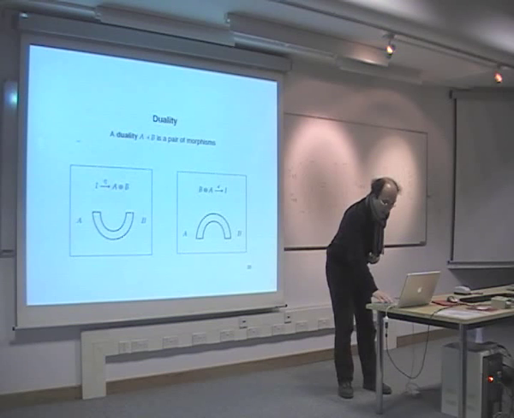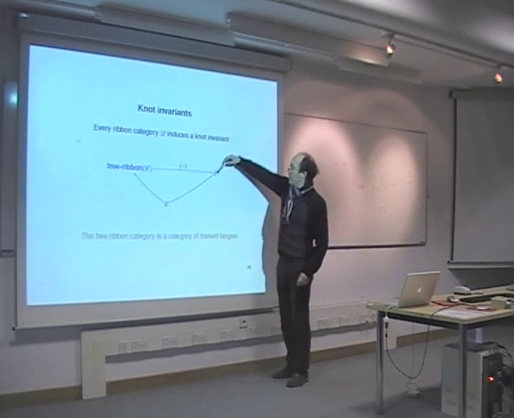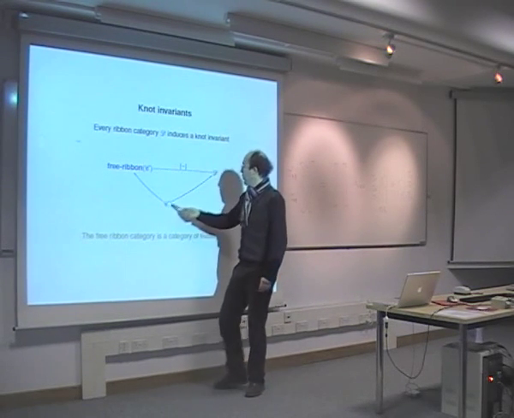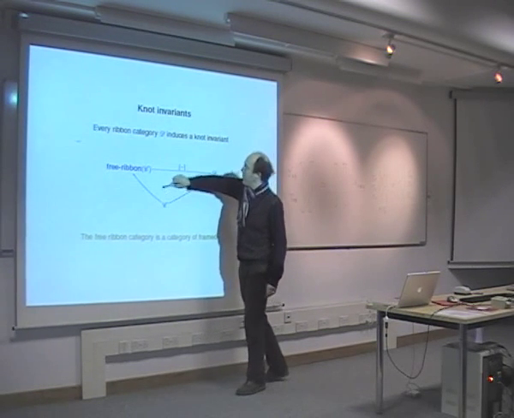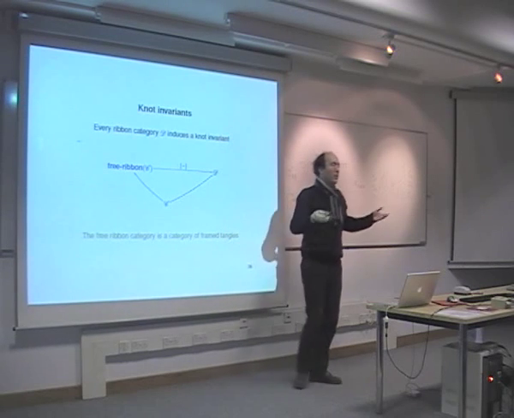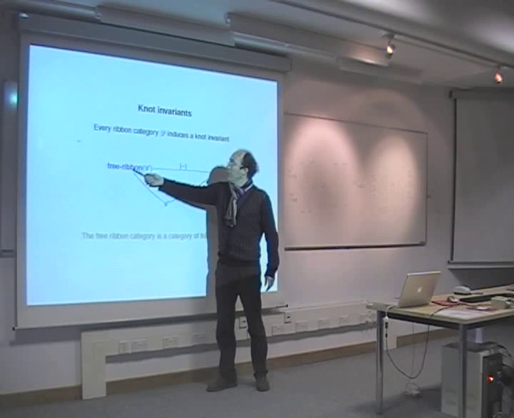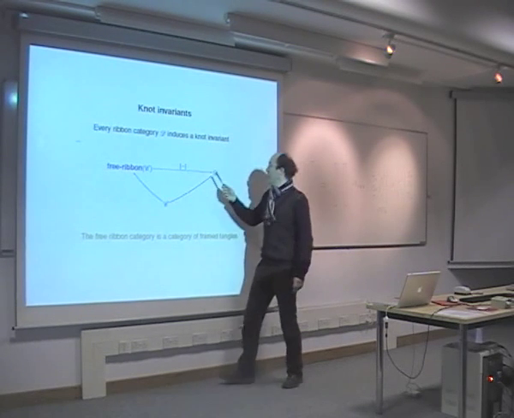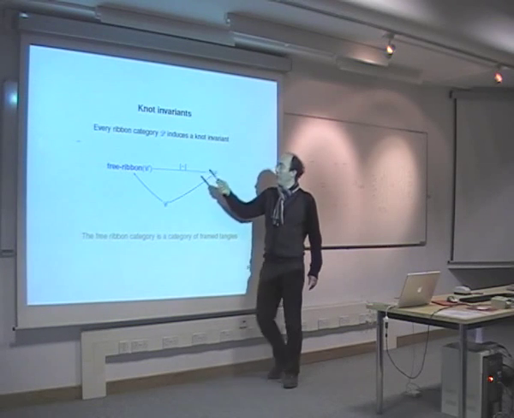So in particular, whenever we have a functor from a category C into a ribbon category, this functor lifts to a semantic functor, if you like, which associates to every tangle a morphism here in the ribbon category, which provides an invariant of the tangle.